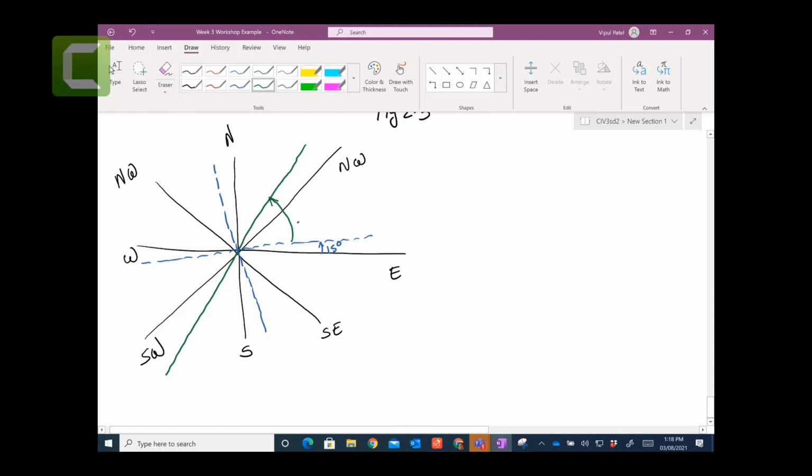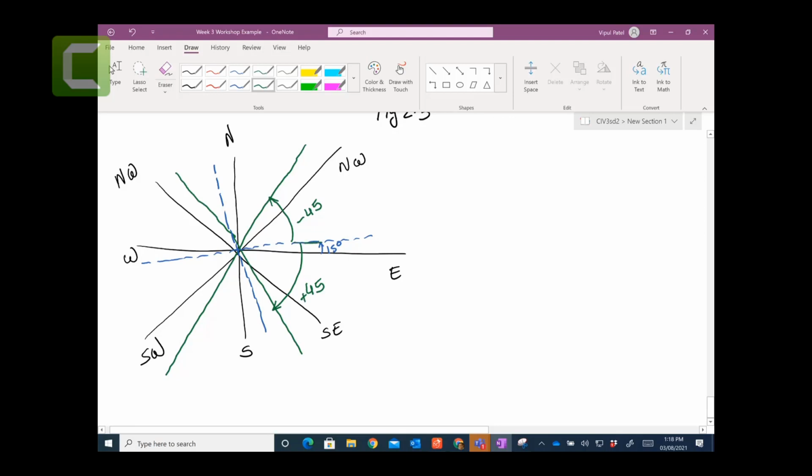Let's say this is negative 45 if you like, and I am going to take another plus 45. Where is it measured from?